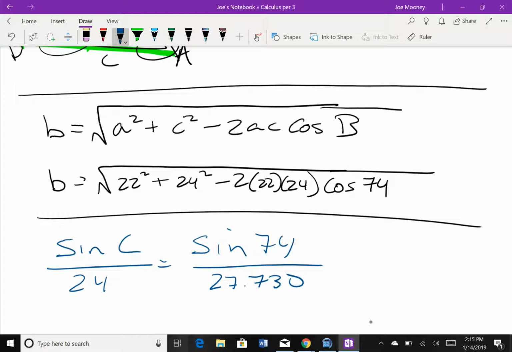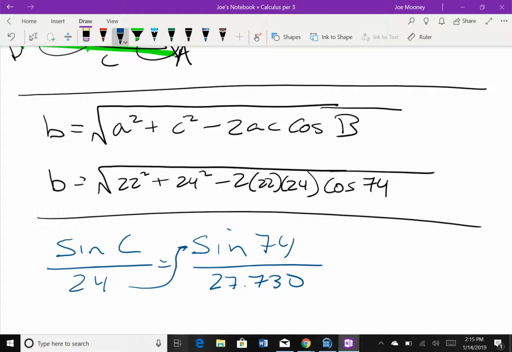Okay, and then obviously I'm going to multiply this up here and do all that business. Let's go to the other screen real quick and see what I've done, so you can type it in if you'd like to. So I multiplied both sides up. I pushed that 24 up there.